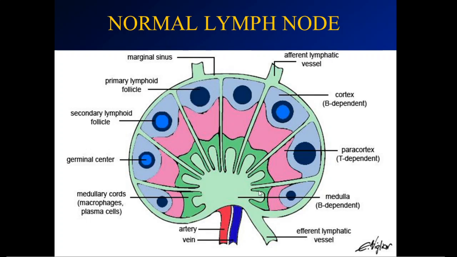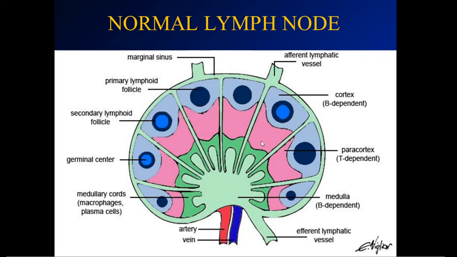To start with, I repeat the structure of the normal lymph node. Each lymph node has a cortex with lymphoid follicles, primary and secondary, with a so-called germinal center. This is the normal structure of the lymph node.